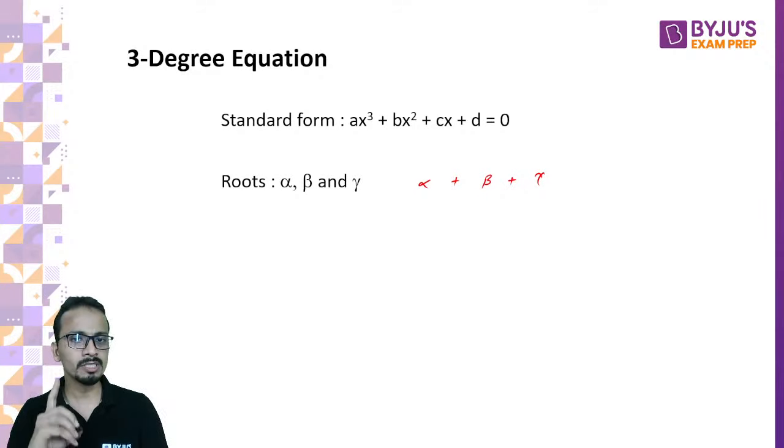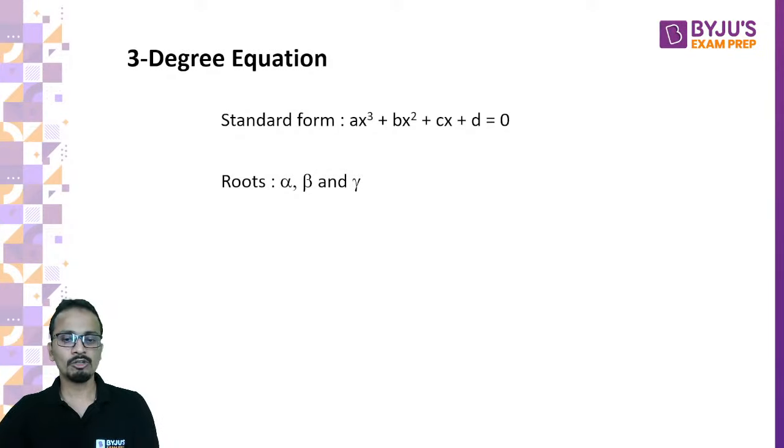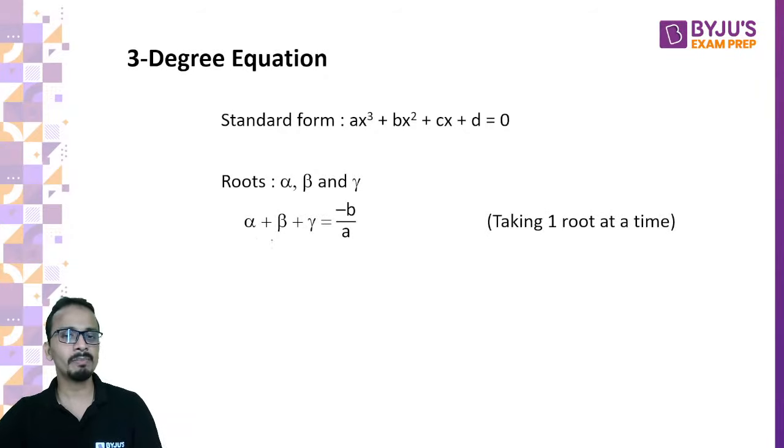So the sum taking one root at a time, or the sum taking individual roots, will be alpha plus beta plus gamma. In terms of A, B, C and D, the value is minus B upon A.